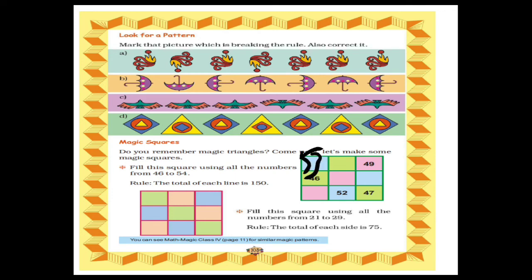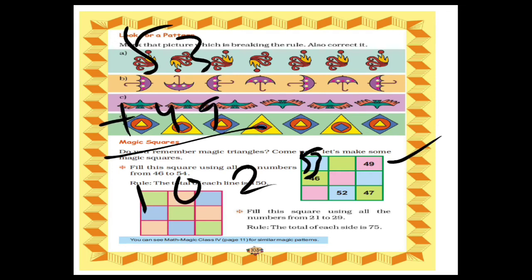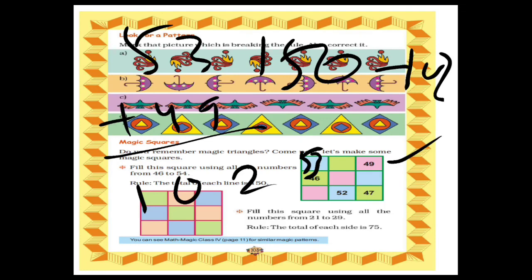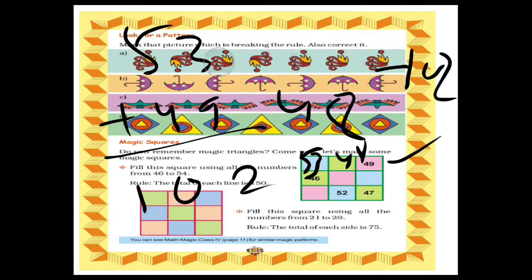Now let's find for this box. 53 plus 49 will be equal to 102, and if you subtract 102 from 150, the answer will be 48, right? So in the middle one you will write 48. I hope this is clear.